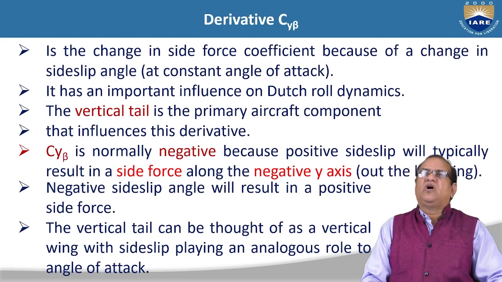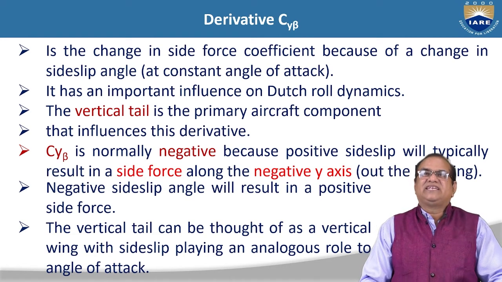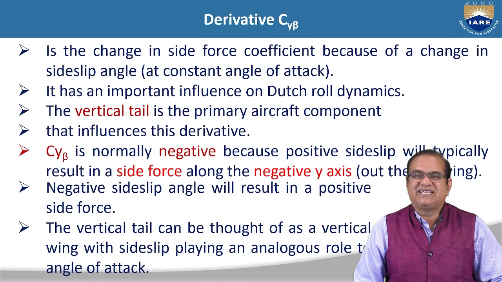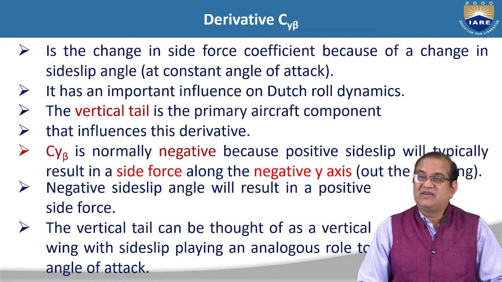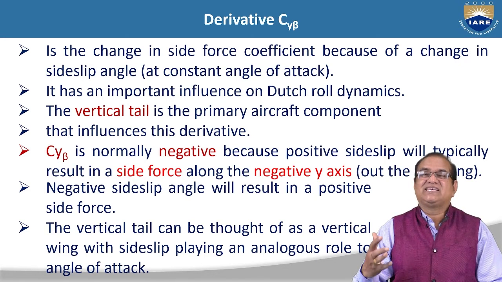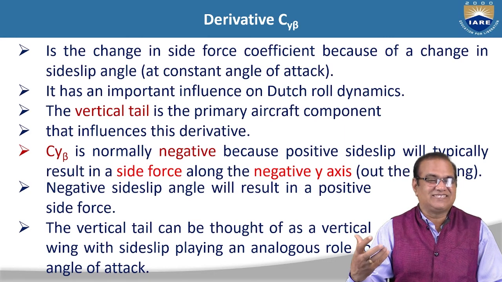Now we have to find the Cy beta. It is the change in the side force coefficient because of a change in side slip angle at constant angle of attack. It means the aircraft should be at constant angle of attack, and we see how much the side force changes when the side slip angle is changing.